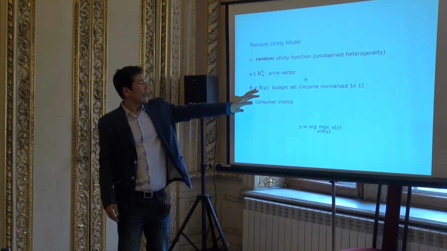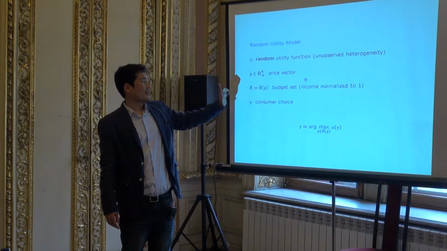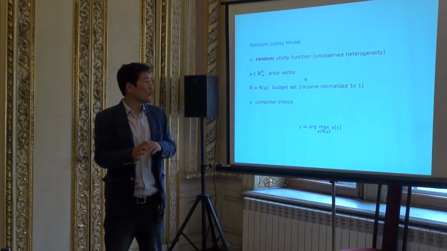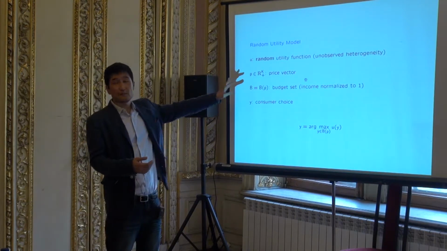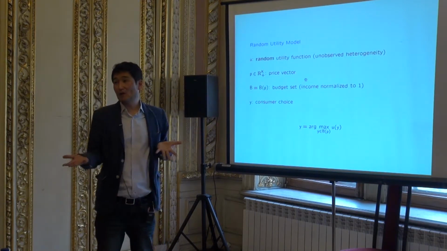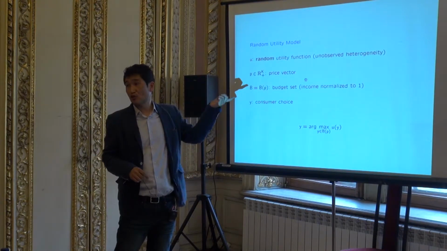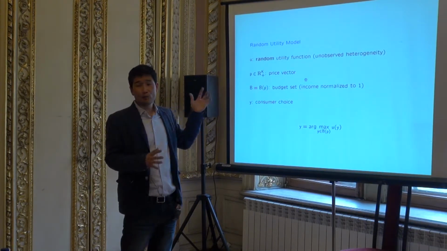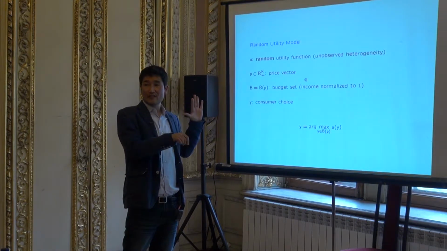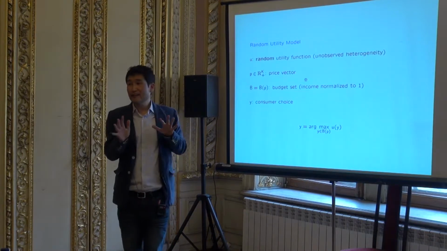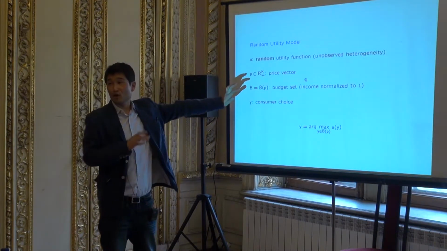Now, I say the budget set is indexed by P. You might think, at this point I just said price. Where did the income go? But what I'm doing here is just normalizing income to 1. When I say that, sometimes I get the question that I must be imposing some restriction, but I'm not. This is just a normalization.